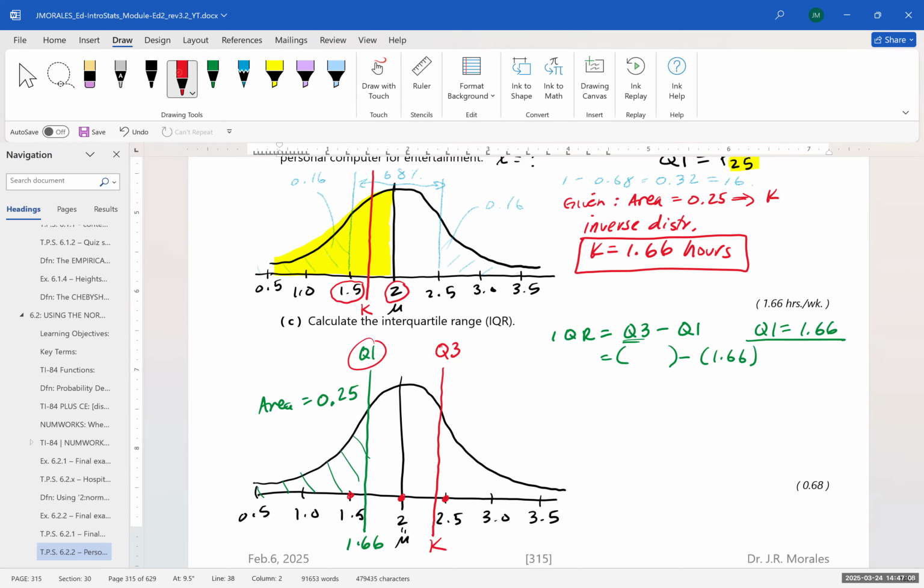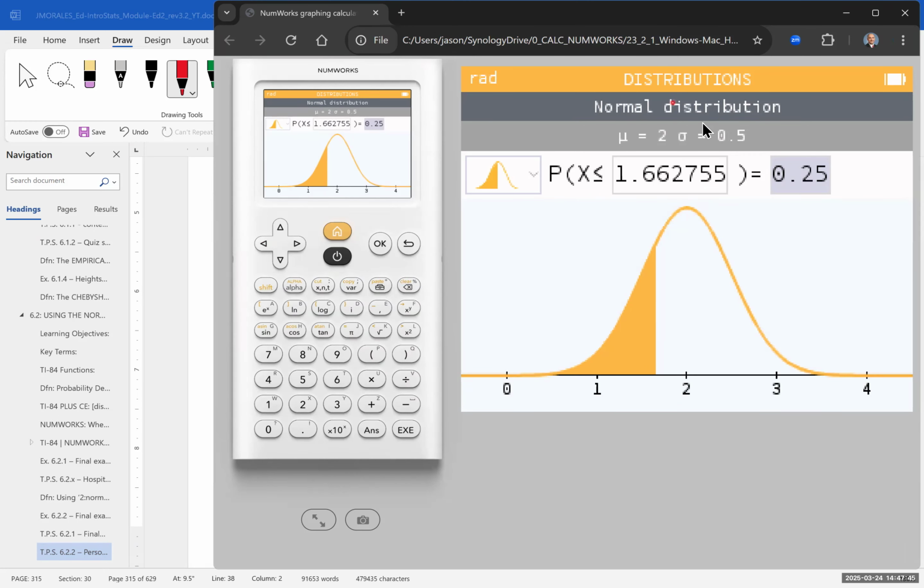And this area here, remember the third quartile is equal to the 75th percentile. So this area is 0.75. Everything from this value of k on over to the left. So we want the area to the left using the mean of 2 and a standard deviation of 0.5.